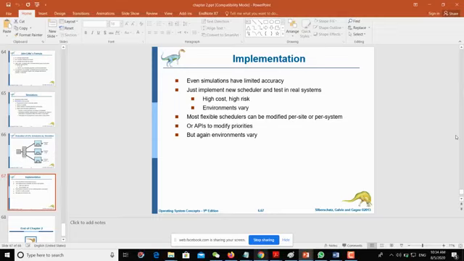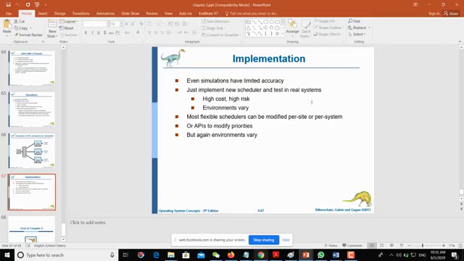It's also not impossible. It's possible, but this is still open for research. You may do further research on how to get 100% accuracy of schedulers in operating systems. Those students who are interested in research may work on these topics.